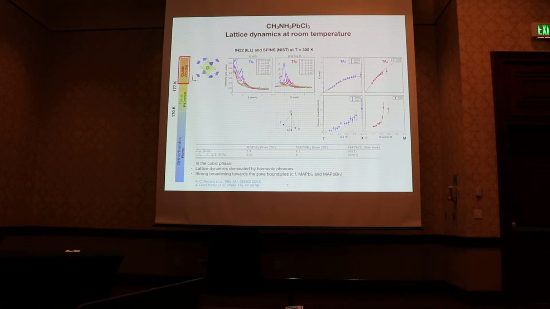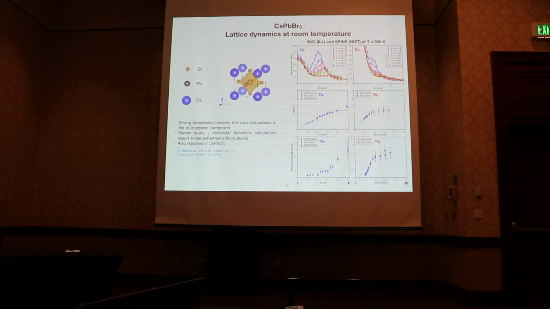What it means is that you have a significant shortening of the phonon lifetime towards the zone boundary. And in the cubic phase, the molecule is in its disordered state. So this shows that this damping may be caused by the fast molecular dynamics that is coupled to the inorganic framework.